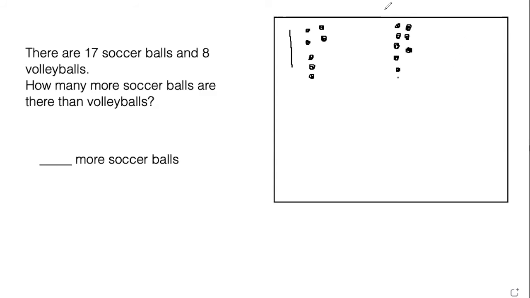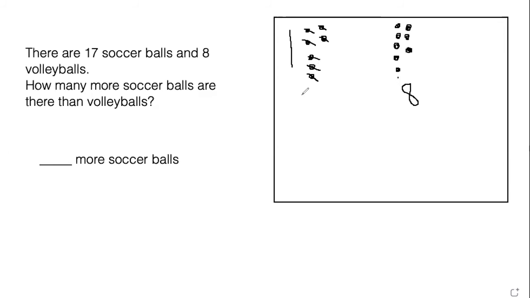Well, we have 8 volleyballs. So let's cross out 8 from our 17. 1, 2, 3, 4, 5, 6, 7. I've run out of ones to cross off.